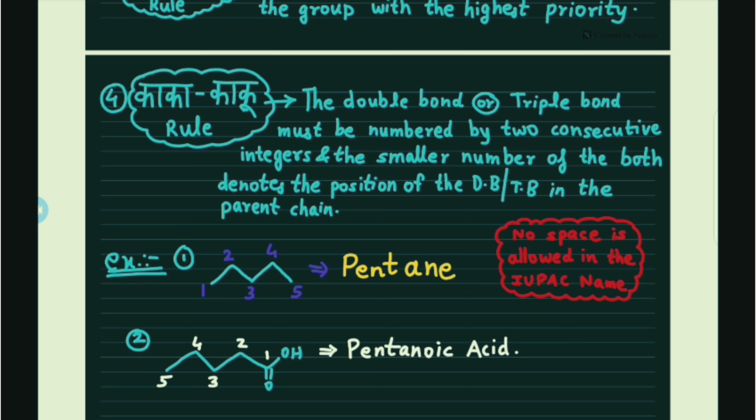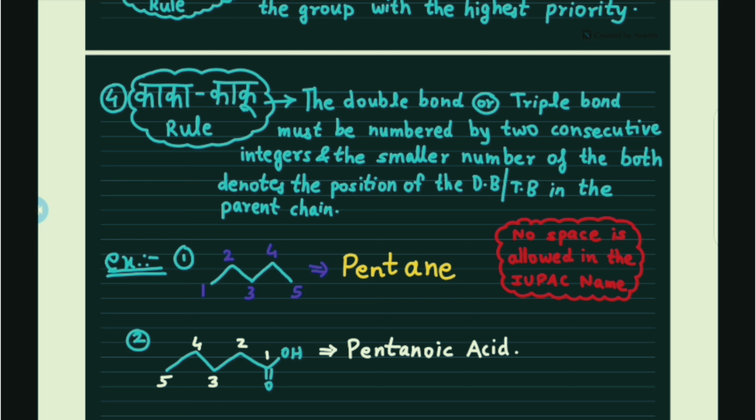And what the rule says next is that the smaller number of the two denotes the position of the double bond or triple bond in the parent chain. If we consider our example again, the position of the double bond in the 5-member carbon chain is at carbon number 2, not 3.